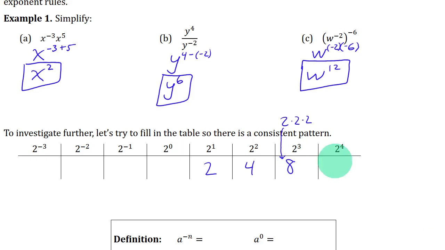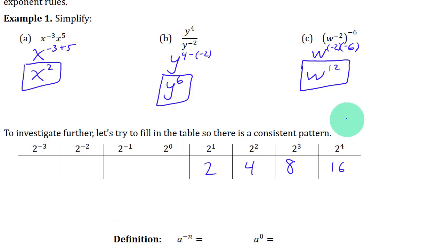2 to the power 4 means 2 times 2 times 2 times 2. So it's 4 times 2, which is 8. 8 times 2 is 16. So those are the ones that we know. And you notice the pattern is every time the exponent goes up by 1, it's like multiplying the previous one by another 2, right?